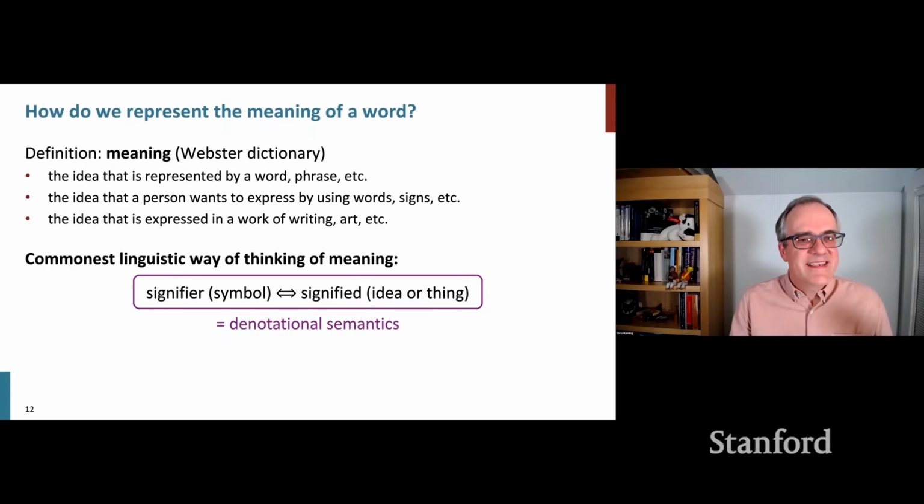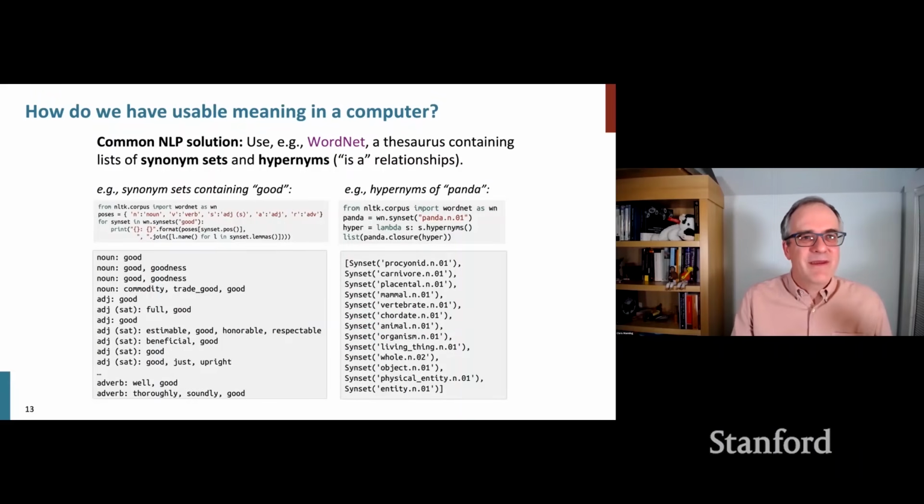So traditionally, the way that meaning has normally been handled in natural language processing systems is to make use of resources like dictionaries and thesauri. In particular, a popular one is WordNet, which organized words and terms into both synonym sets, words that can mean the same thing, and hypernyms, which correspond to is-a relationships.